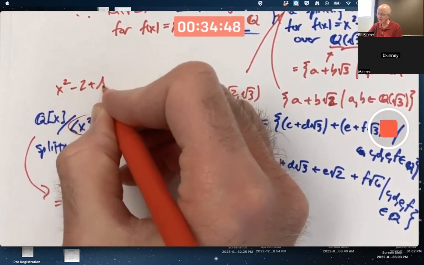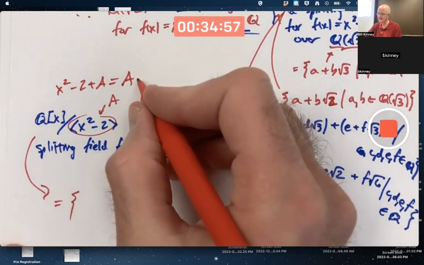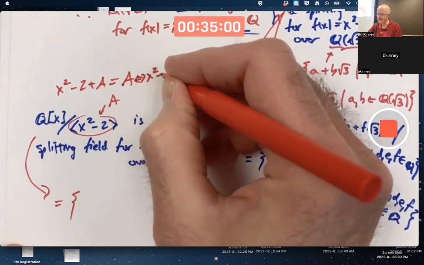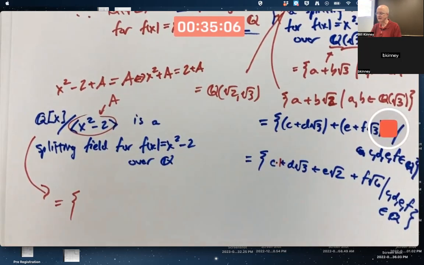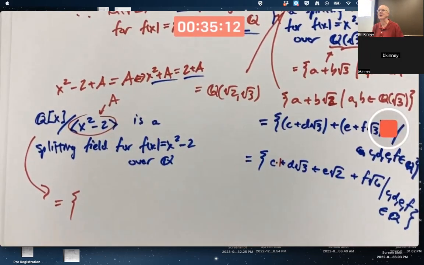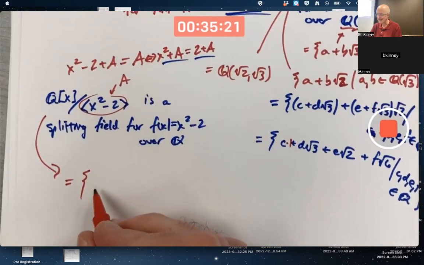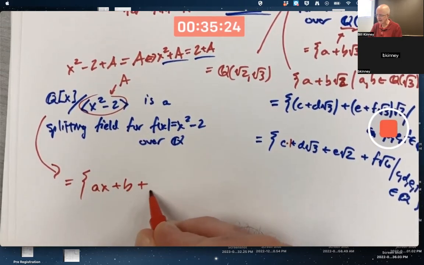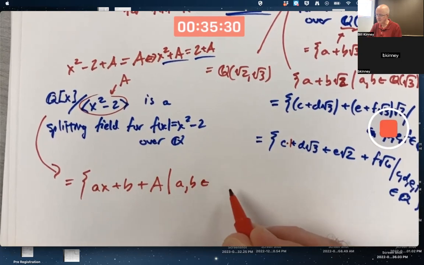X squared minus 2 plus A, for example, is the identity ideal, the zero ideal, which is equivalent to saying x squared plus A equals 2 plus A. And so if you're thinking about this coset, there's a simpler form of it, 2 plus A. And so higher degree representatives can always be reduced to linear representatives ultimately. Like this, where A and B are rational.